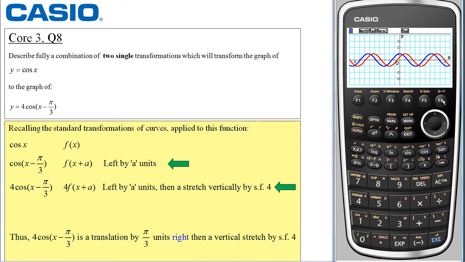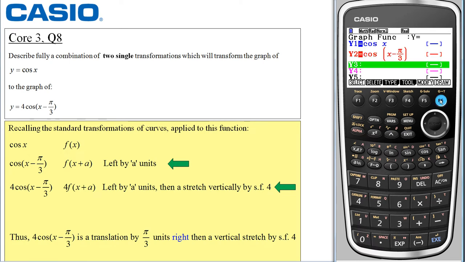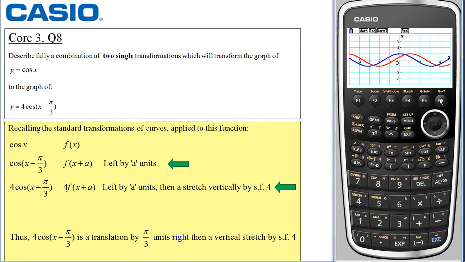Okay, and what I could even do here is narrow the x-axis. If I go to V window, I'll change it to minus 5 for the minimum and 5 for the maximum, and select execute and F6 to draw. Okay, now it looks like a translation has occurred, and it should be a translation of pi by 3 units to the right.